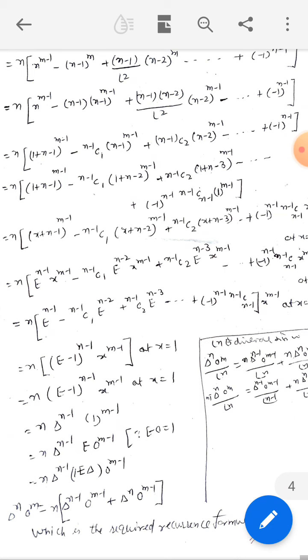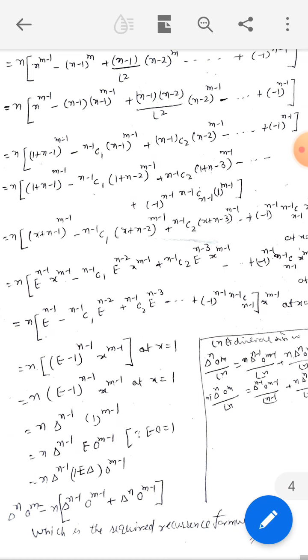This is equal to n into, if we add 1 and subtract 1, we can write it as n into [(1 plus n minus 1)^(m minus 1) minus (n minus 1)C1 (1 plus n minus 2)^(m minus 1) plus (n minus 1)C2 (1 plus n minus 3)^(m minus 1)].